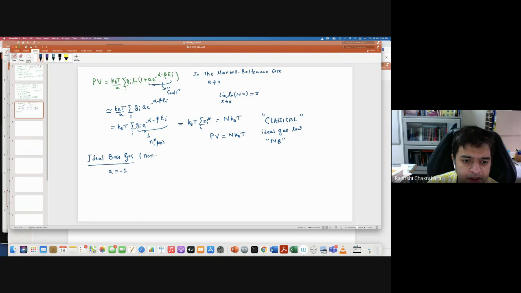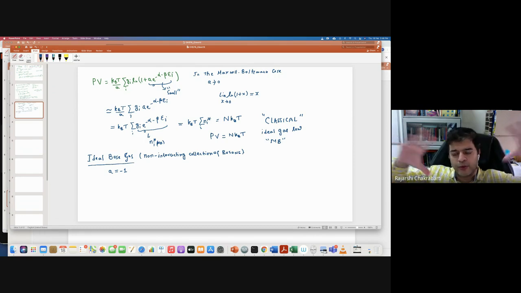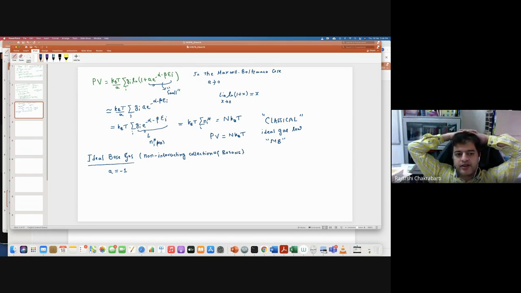Because these particles or atoms are non-interacting. So you have N number of bosonic atoms or bosons, but they are non-interacting. This is called an ideal Bose gas.